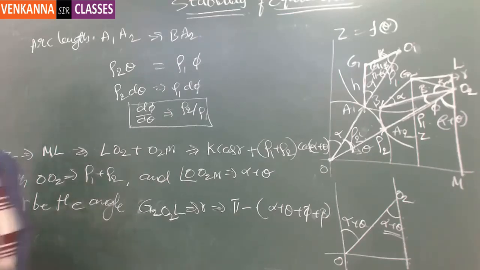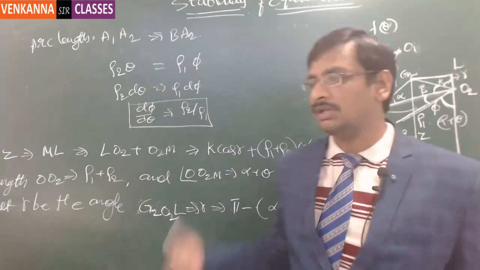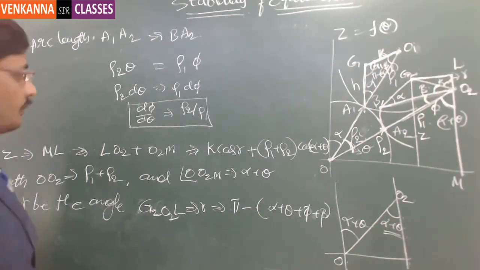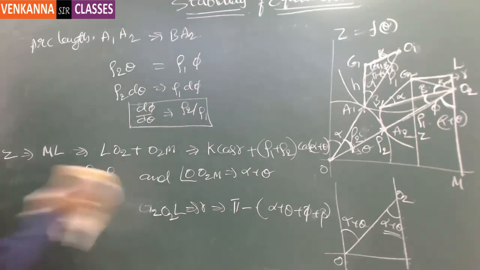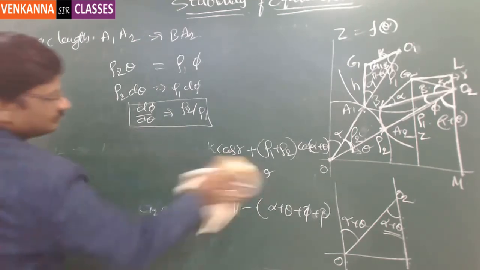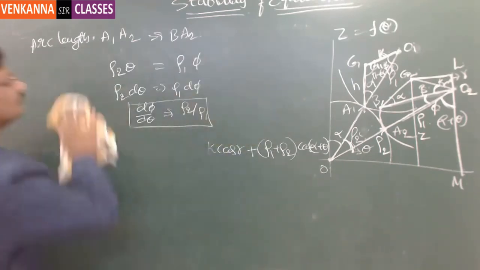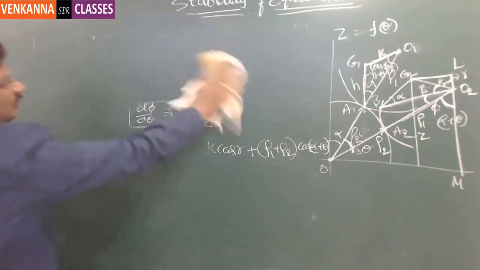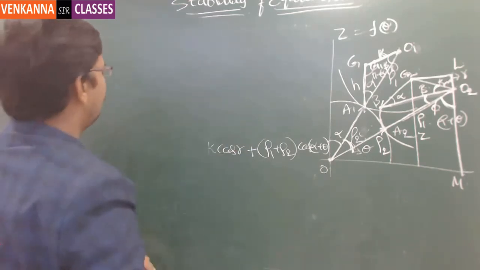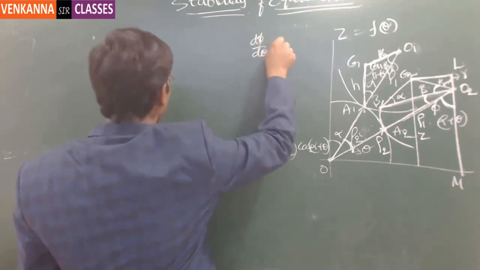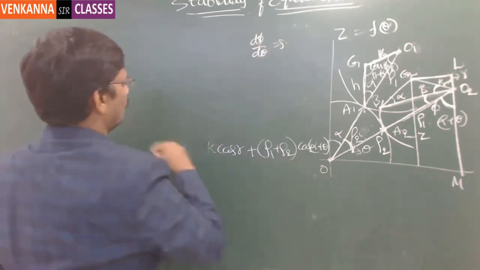I hope you understood this diagram and these expressions. Any questions on this, you can let me know. So we have got two different relations. One relation is d phi by d theta is equal to rho 2 by rho 1.